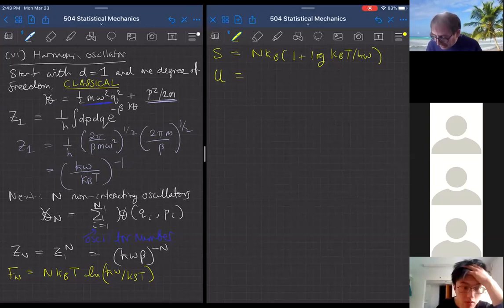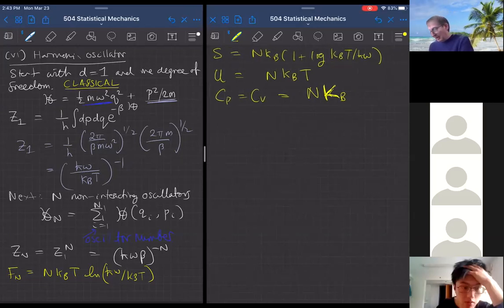That turns out to be n times kBT, and then the heat capacity is just n times kB. So that's the statistical mechanics then for a classical set of harmonic oscillators.